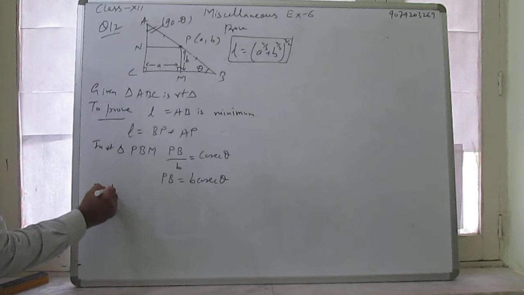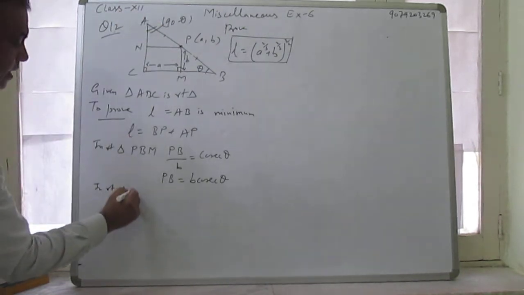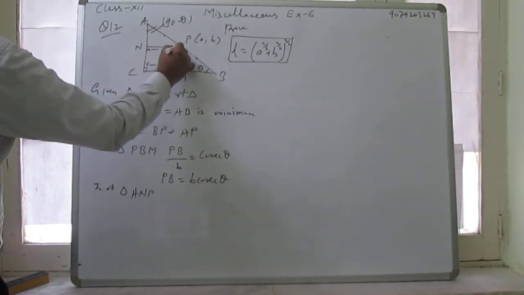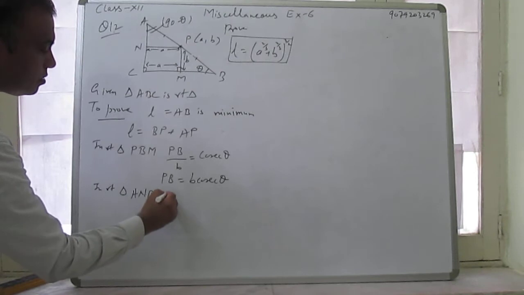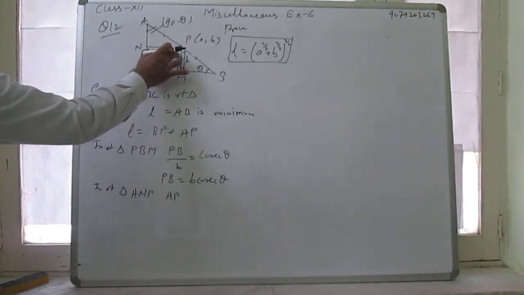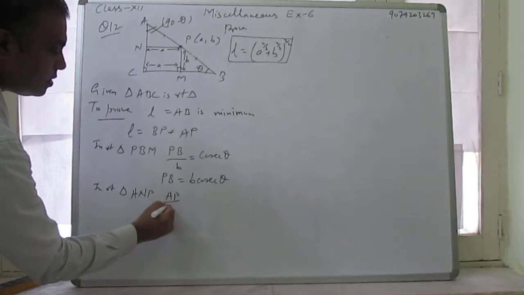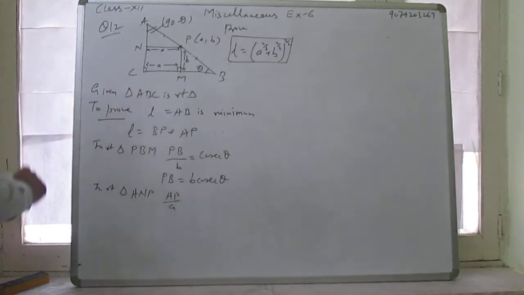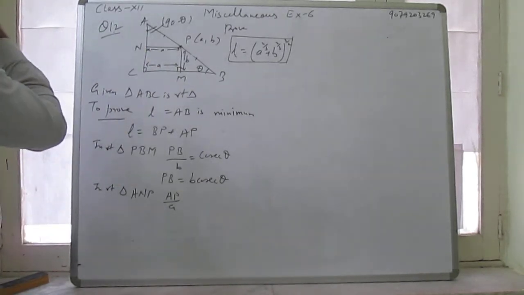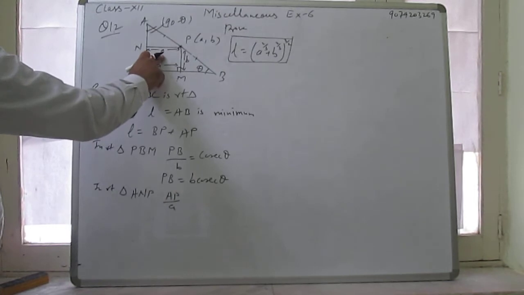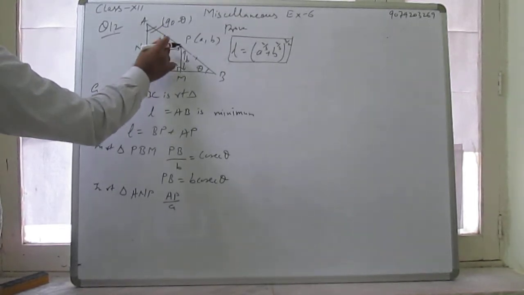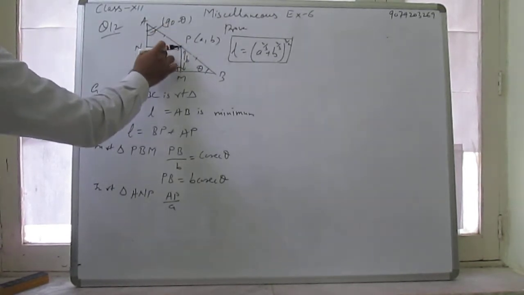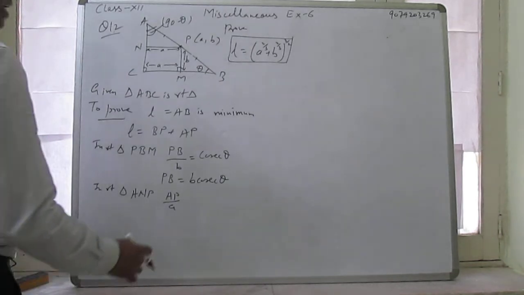Similarly, in right triangle APN, AP upon A, hypotenuse upon base, is sec theta.